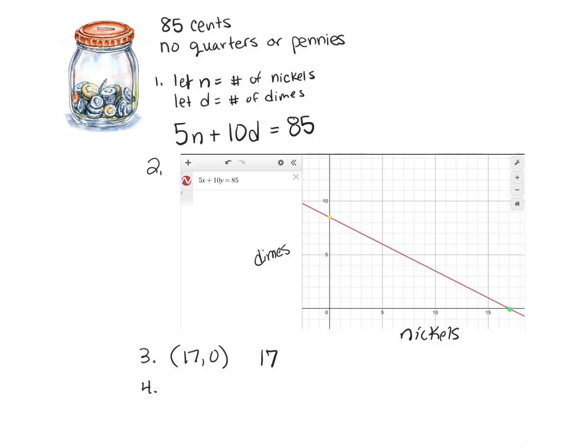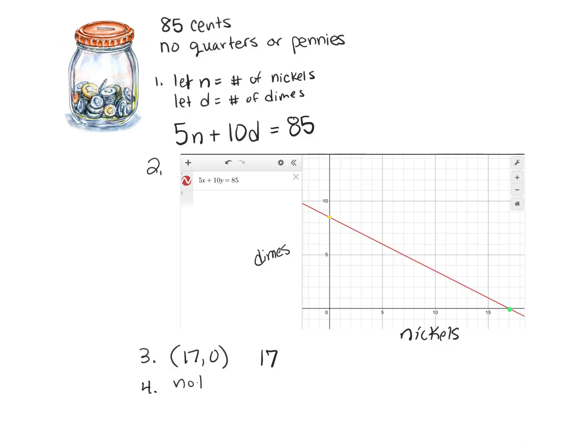So in this case, while we do have a mathematical answer, a y-intercept of 8.5, we can't have 8.5 dimes. And so our answer to this question of how many dimes are in the jar if there are no nickels, we would say it's not possible.